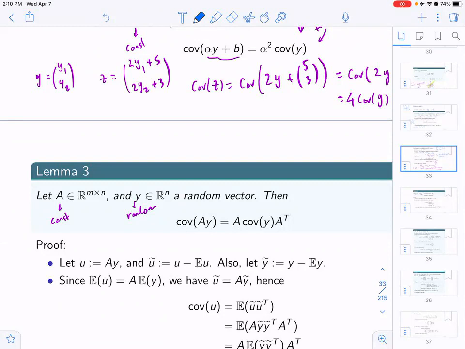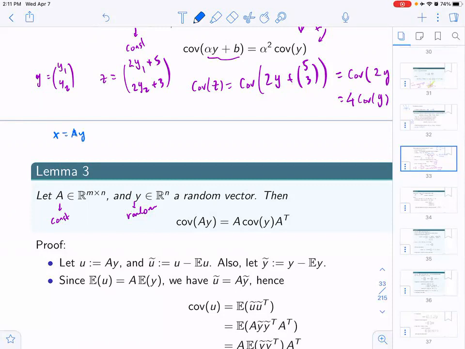Okay, so how about the proof? Do you remember how you prove this? Yeah, so let X be what? AY. Okay.